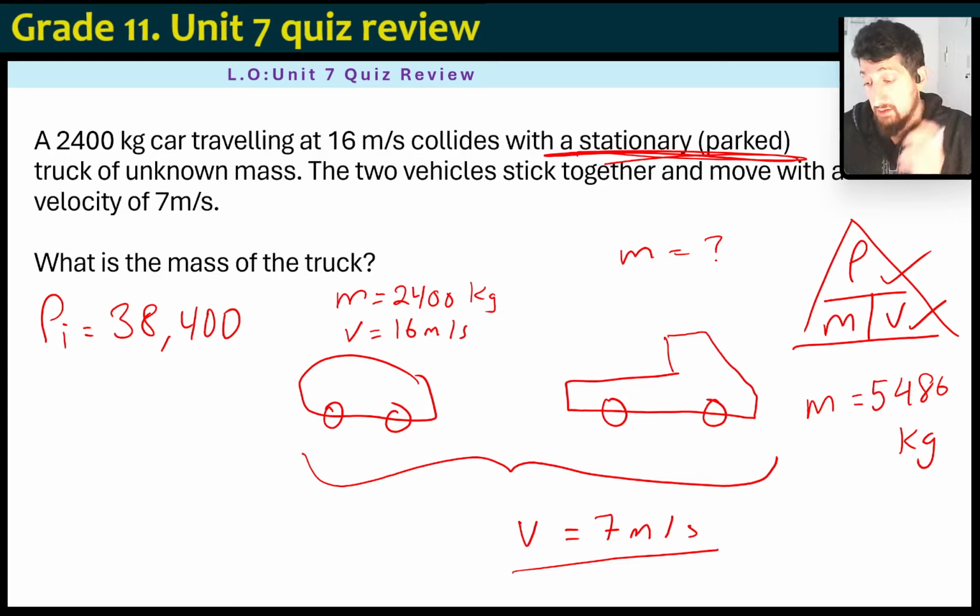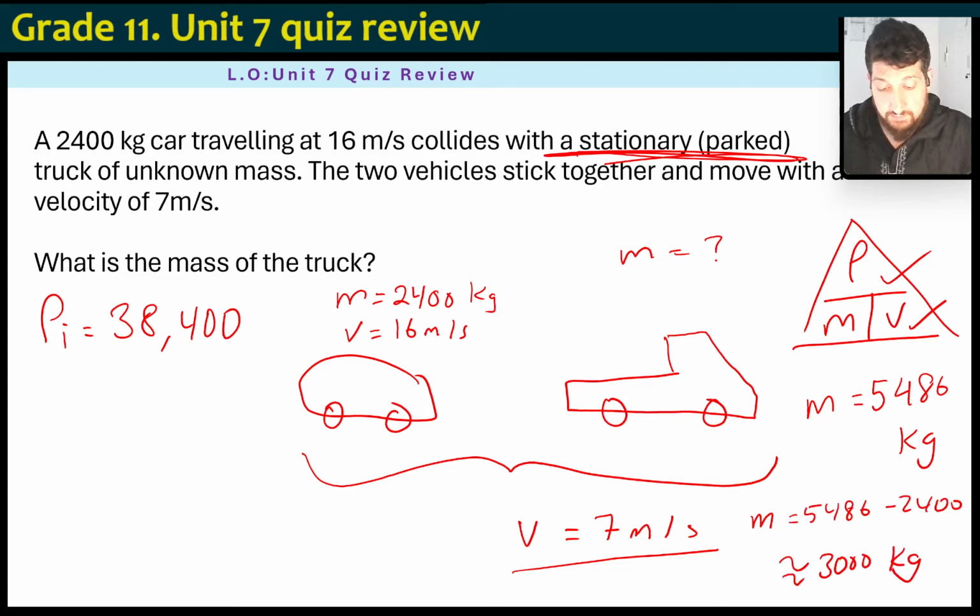But since I'm working with two significant figures, I'm going to say the mass of the truck is 5486 minus 2400, which is approximately 3000 kilograms. Approximately 3000 kilograms. 3086, but 3000 kilograms is fine.